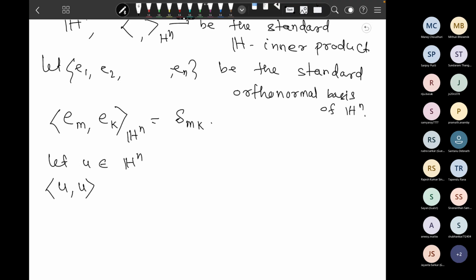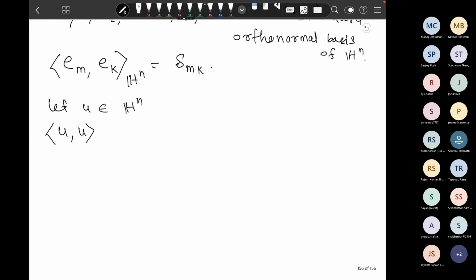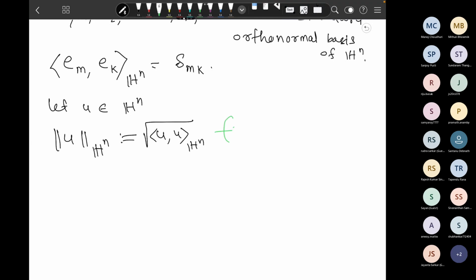I have not defined the norm of this yet, so I define it. The norm of u in H^n is defined by the square root of the inner product of u with u. Analogously, we can define the norm for an H inner product space, not vectors.